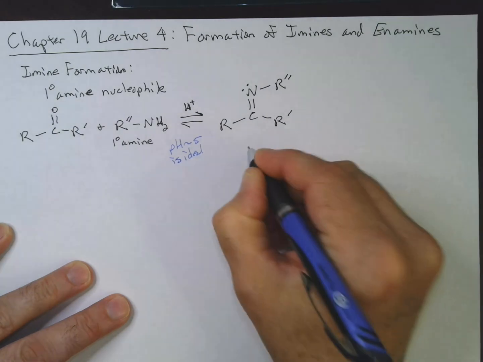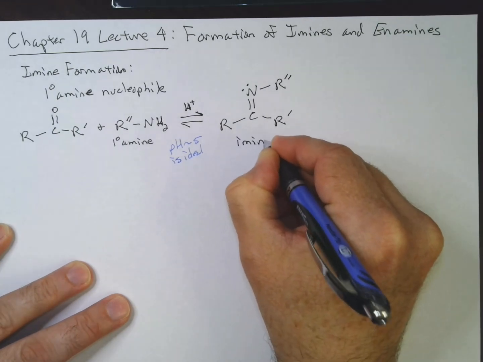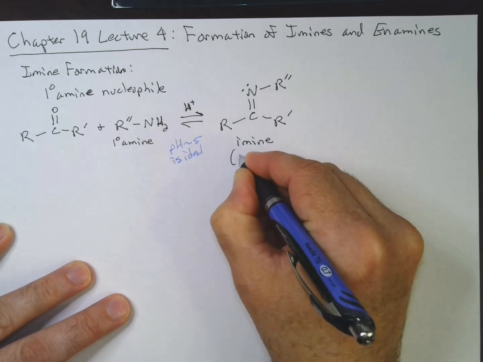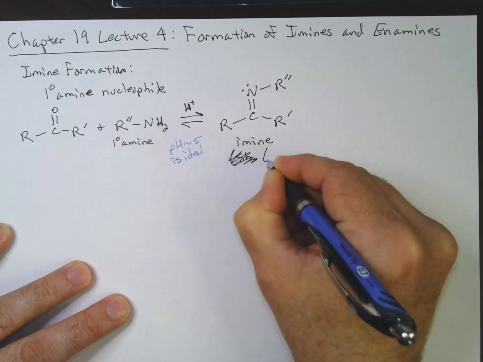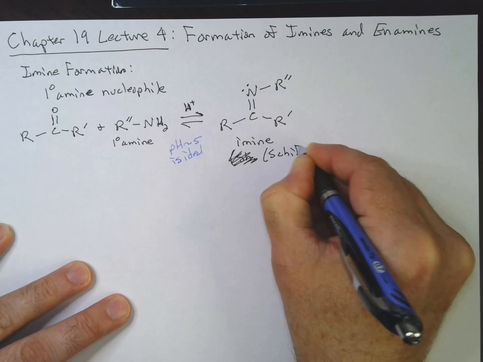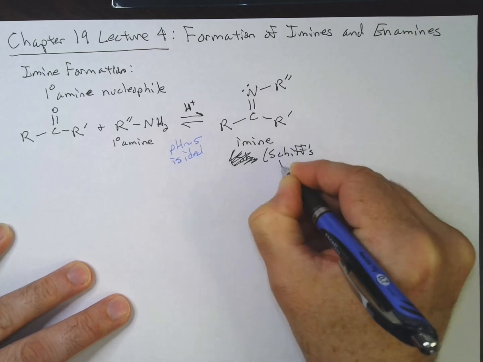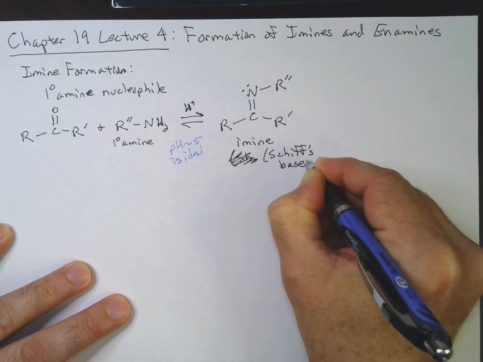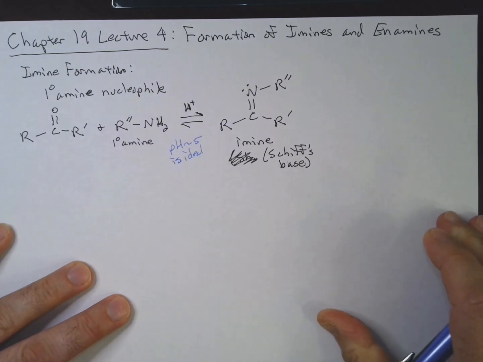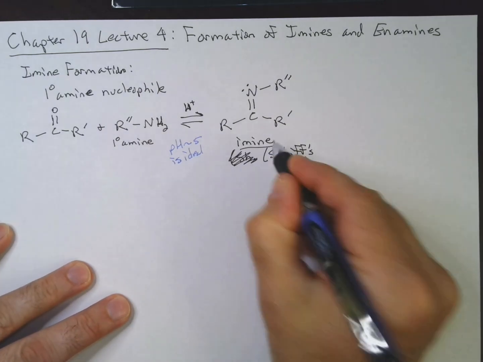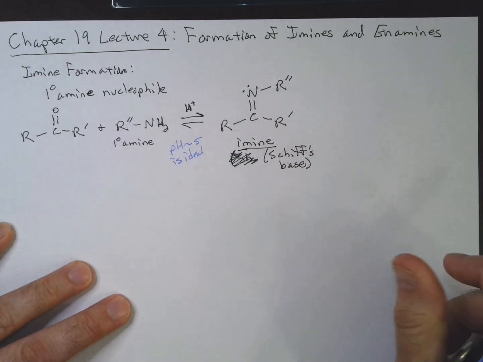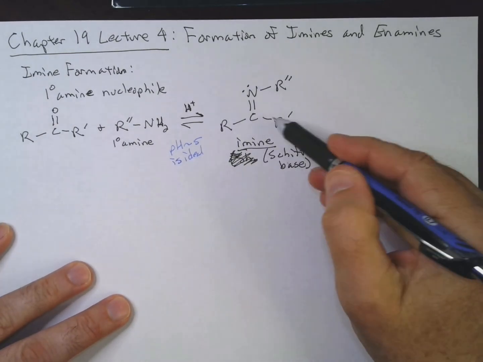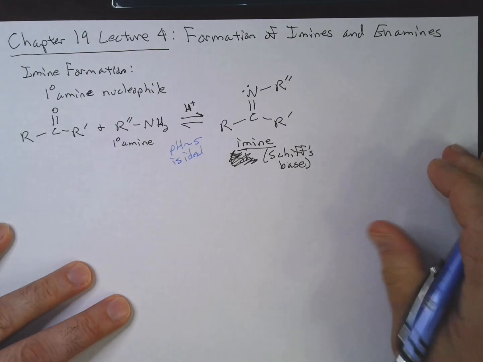And this is our imine here. It's also known as a Schiff base, if I can spell it correctly. S-C-H-I-F-F, Schiff's base, or Schiff base. But the IUPAC nomenclature would be imine, referring to the type of molecule.